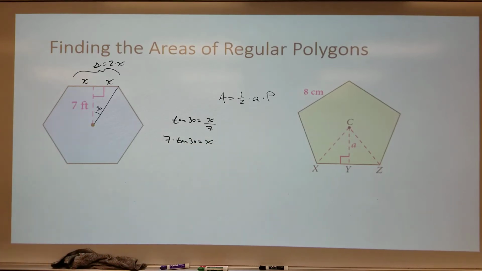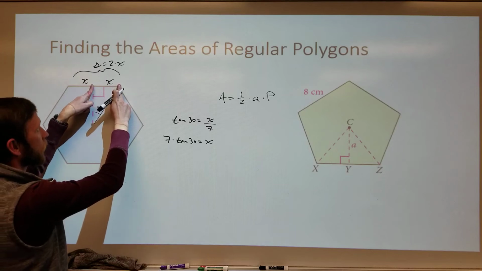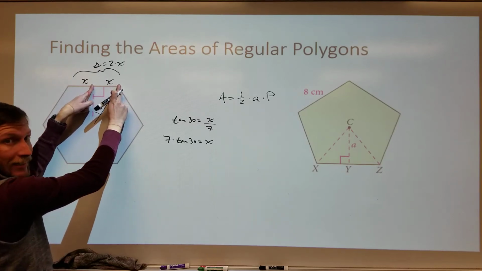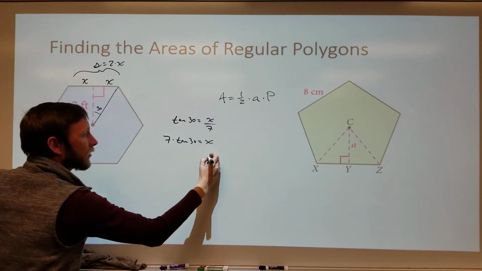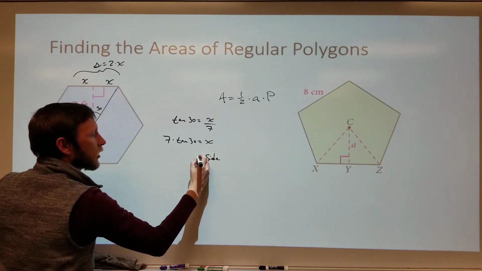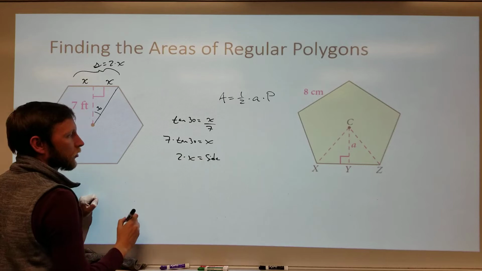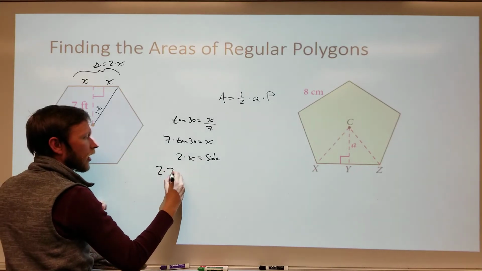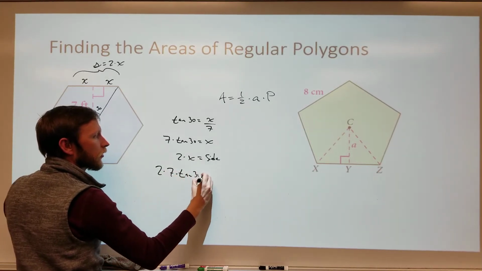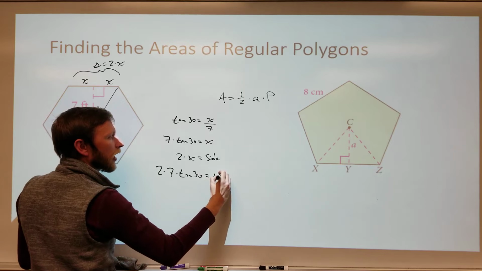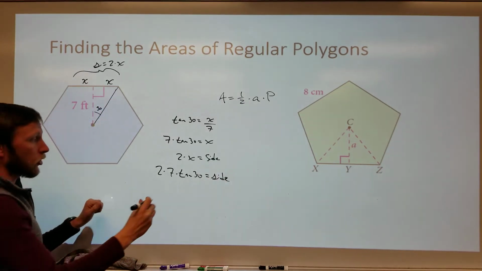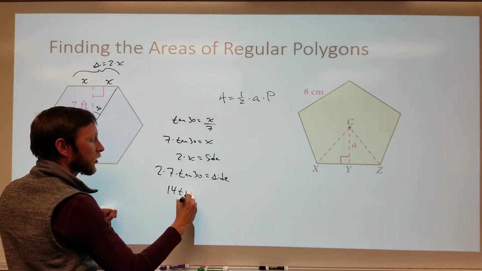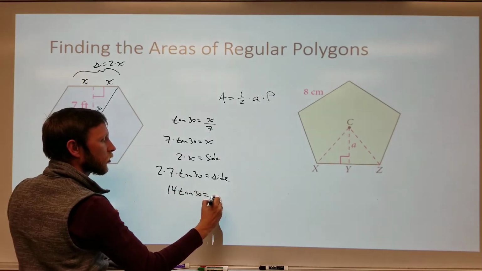That is going to be the length of this piece, which means that the whole side length is twice as big. A side is going to equal 2 times x. So in that case, 2 times 7 times the tangent of 30 is equal to one side of the polygon. So 14 times the tangent of 30 is equal to one side.